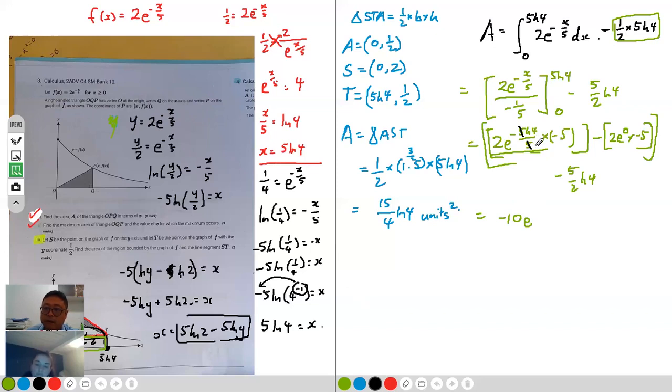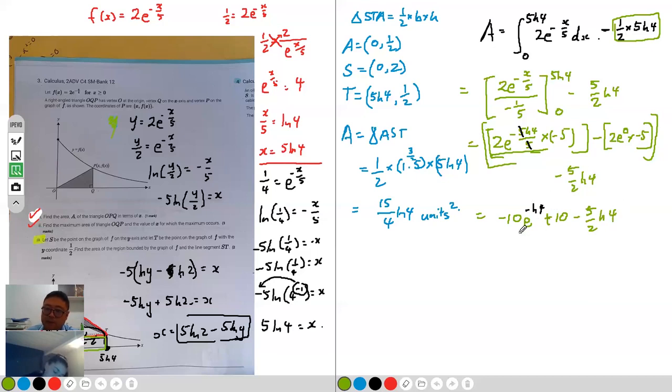And then it's e to the negative ln 4, minus, and then that becomes 1. 2 times negative 5 is negative 10. Minus a negative 10 becomes plus 10. And then you just shove that bit on the end.